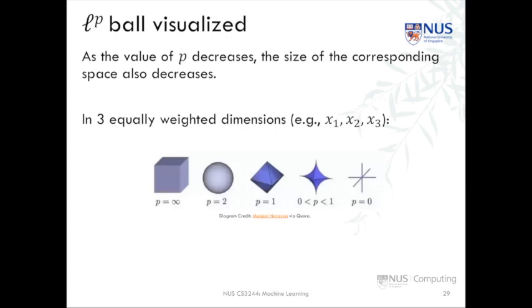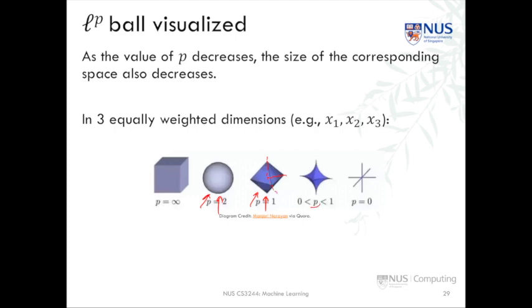So with LP equals 1 and 2, we get this type of visualization for it in 3 dimensions. We have a hypersphere and a polyhedron for p equals 1. So this is in the case where we have 3 dimensions where we might have internally an x, y, and then some z in another dimension.